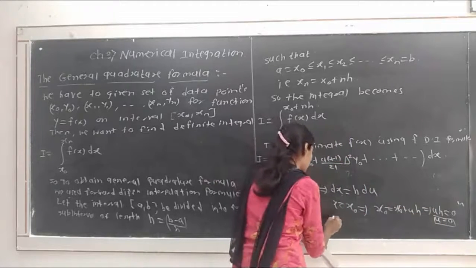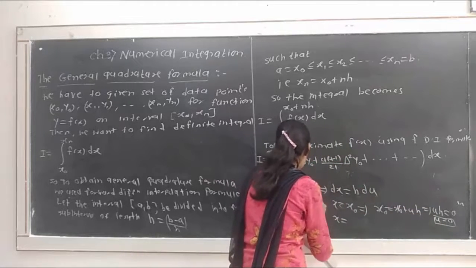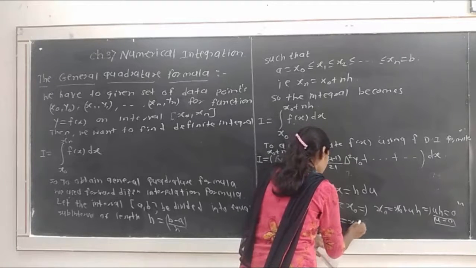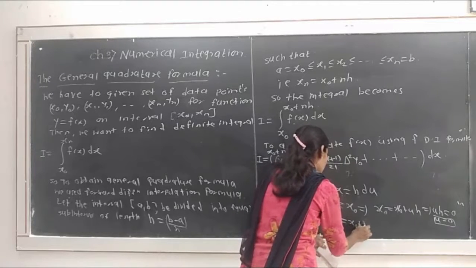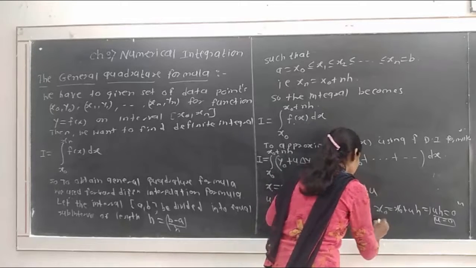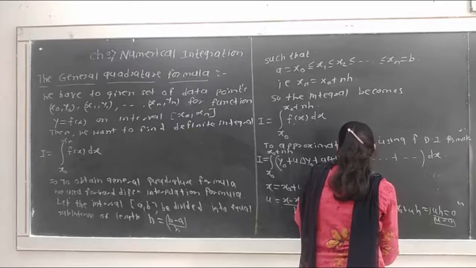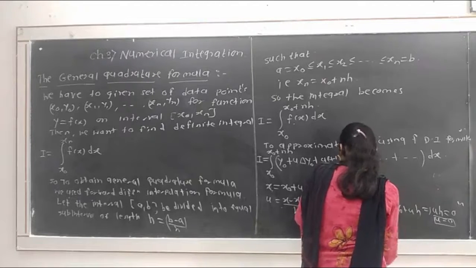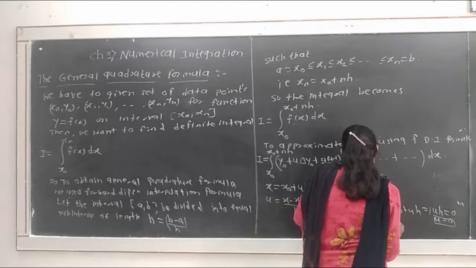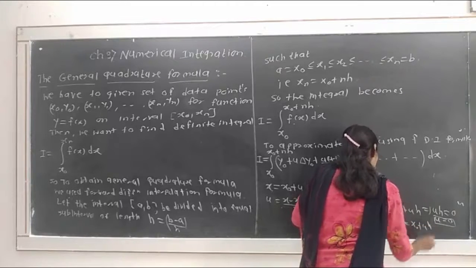Next, for x equal to x0 plus nh, we have x0 plus nh equal to x0 plus u into h.